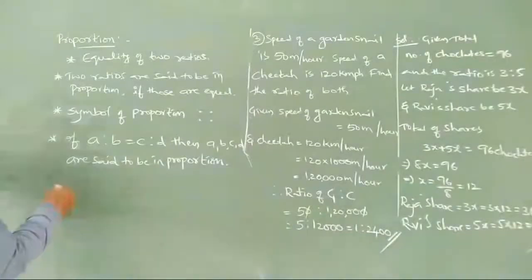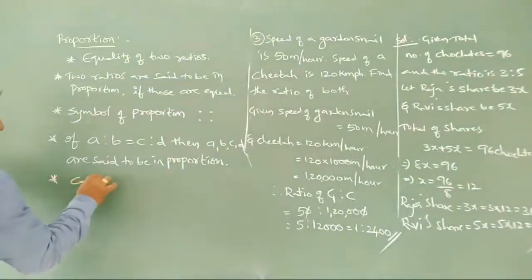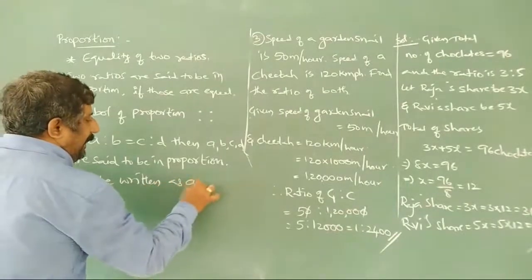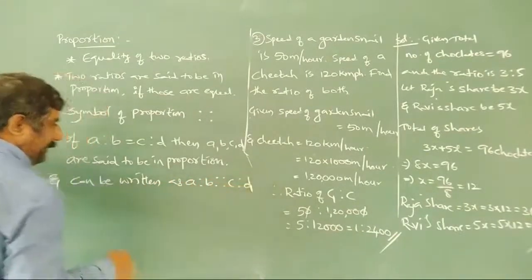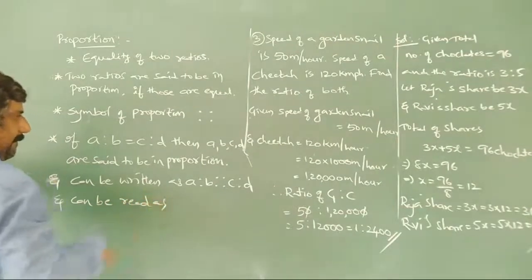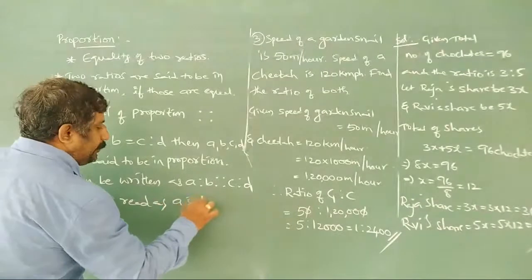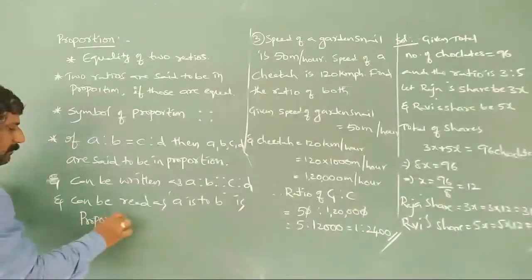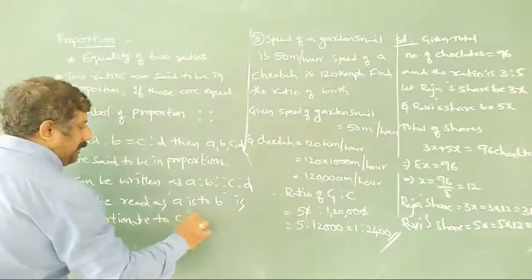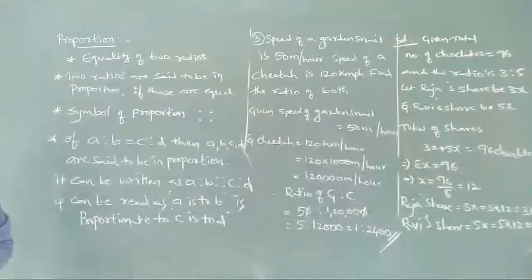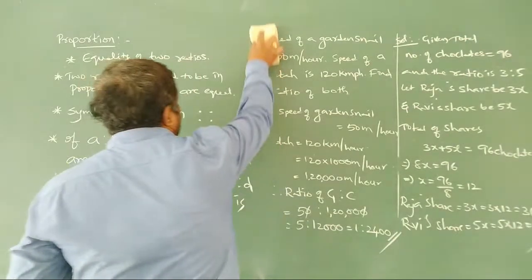Or else it can be written as A is to B is proportionate to C is to D, and can be read as A is to B is proportionate to C is to D.